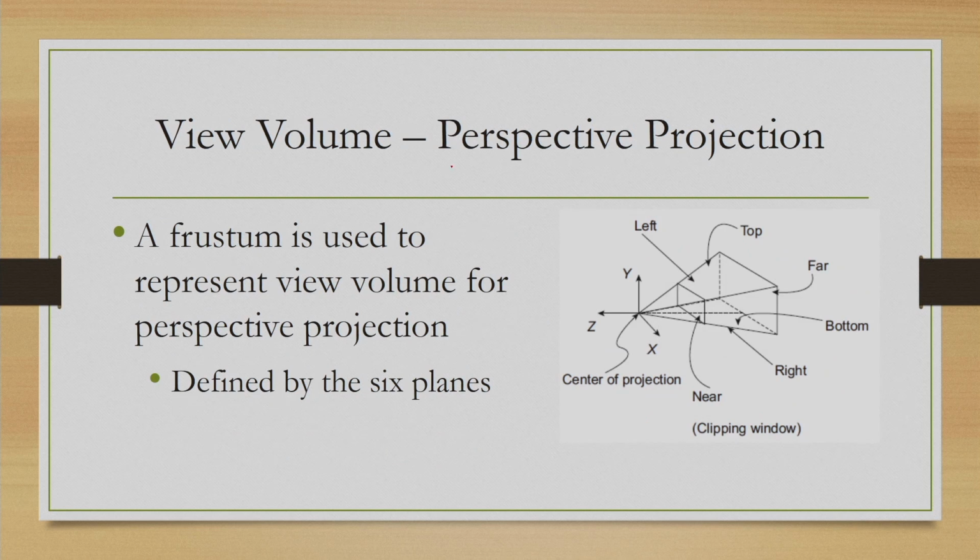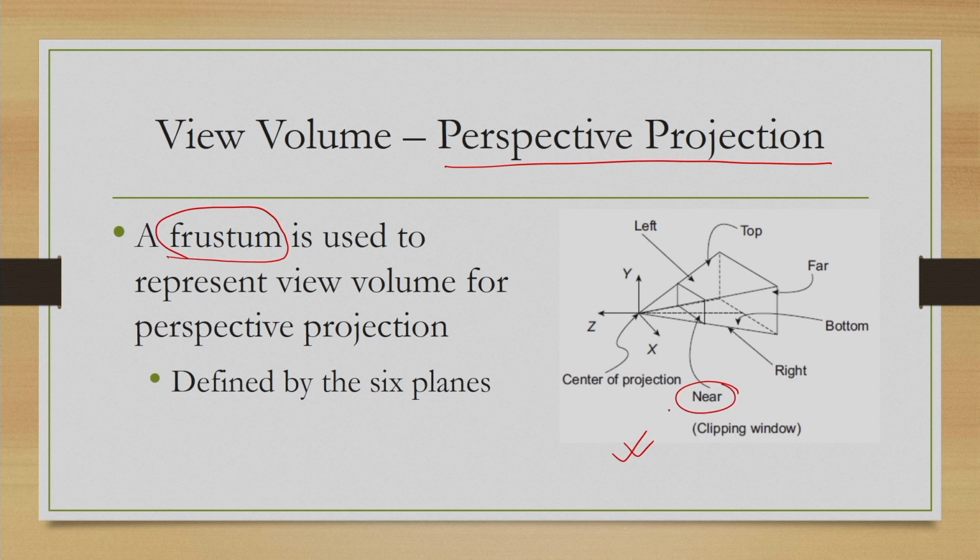What happens in case of perspective projection? In case of perspective projection, what we use is a frustum, as shown in this figure. Like the parallel projection, here also the frustum is defined in terms of its bounding planes.